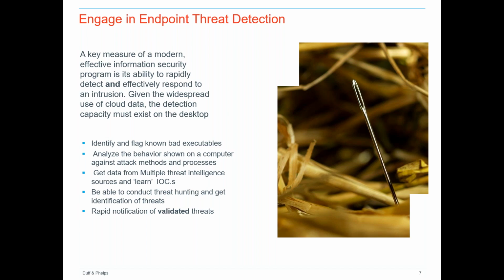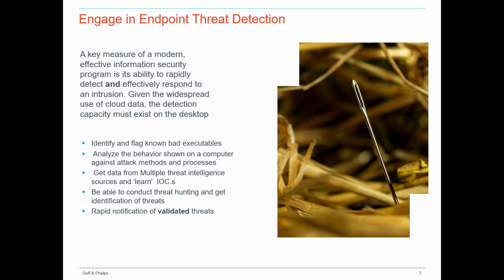The best way to do this is to use the next generation tool sets that are called endpoint threat detection tools. There are many of them out there, and the goal is very simple. They identify and flag bad executables, similar to antivirus, but more effective because they're not just basing it off a pattern match, they're looking at what the executables do.